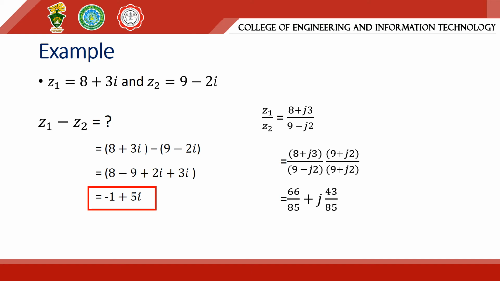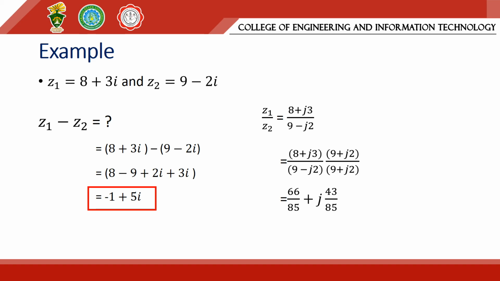Now if we are going to find the quotient of z1 and z2, so we have here z1 over z2 is equal to 8 plus j3 over 9 minus j2. So what happened here? Well, the concept is just very easy. Remember the concept of rationalizing the denominator to avoid complex form in the denominator.